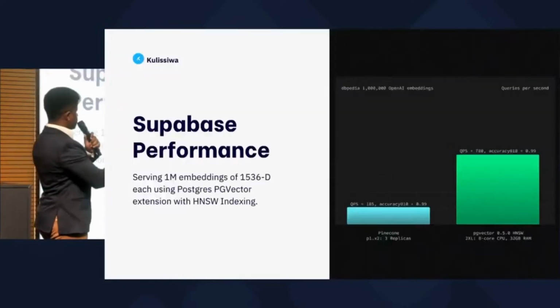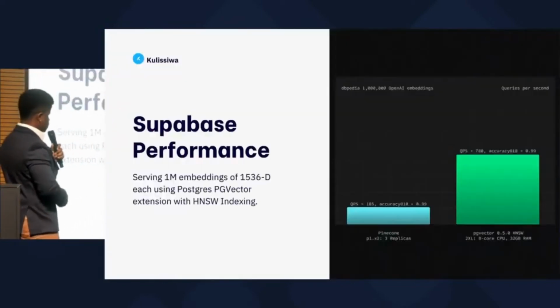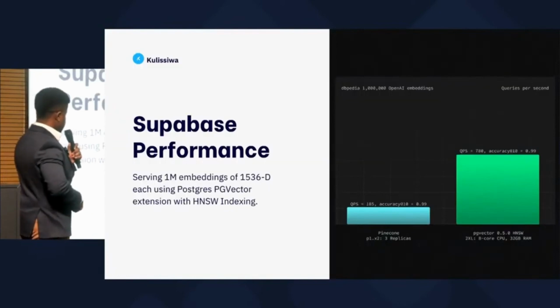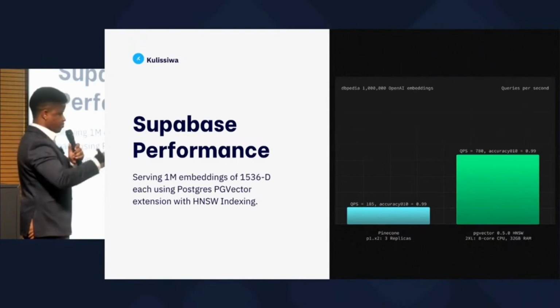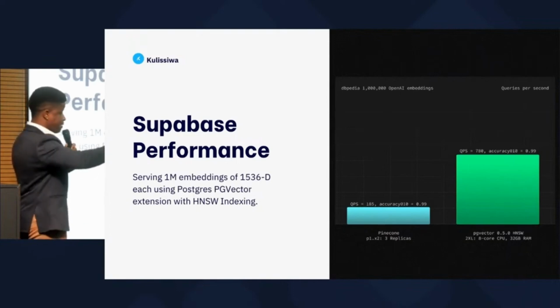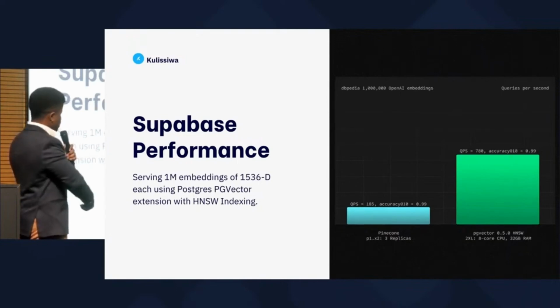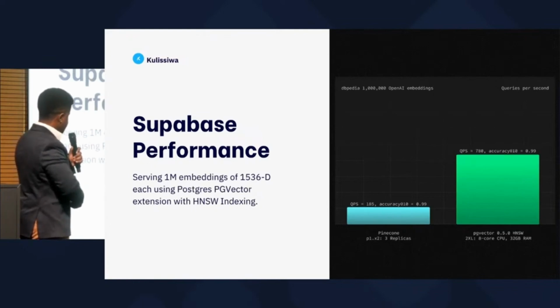And here are some examples of this. Supabase released this article where they talk about serving 1 million embeddings of 1,536 dimensions, that's just 1,536 numbers each, using the Postgres pgvector extension.